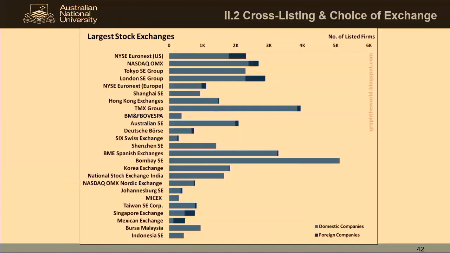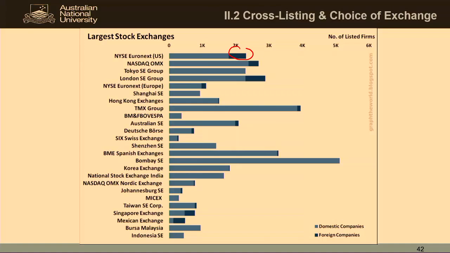Cross-listing. This gives you a distribution of which stock exchanges attract more foreign listings. Looking at all of this, the dark blue ones are the foreign listings, which are the more popular stock exchanges for foreign companies to cross-list. NYSE, Euronext, definitely.